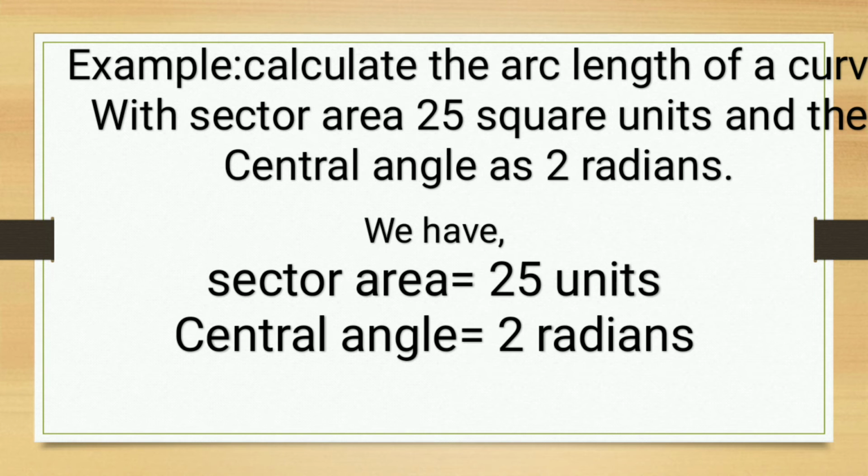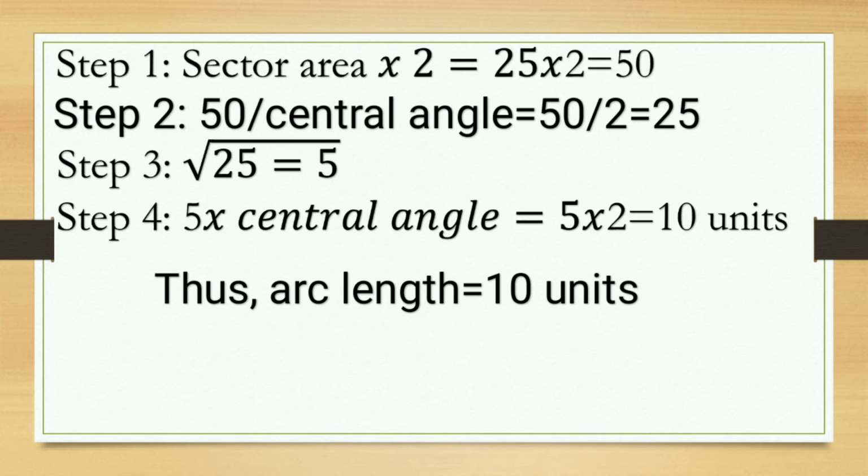Example: calculate the arc length of a curve with sector area 25 square units and the central angle as 2 radians. We have sector area 25 units, central angle 2 radians. Step 1, sector area times 2 equals 25 times 2 equals 50.